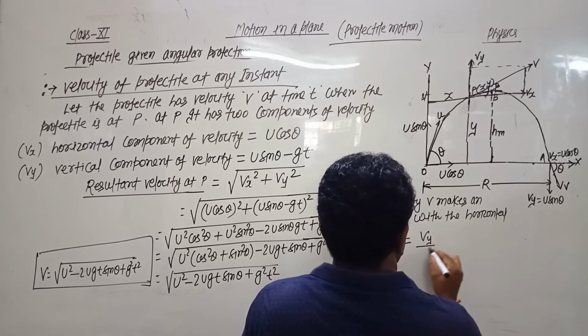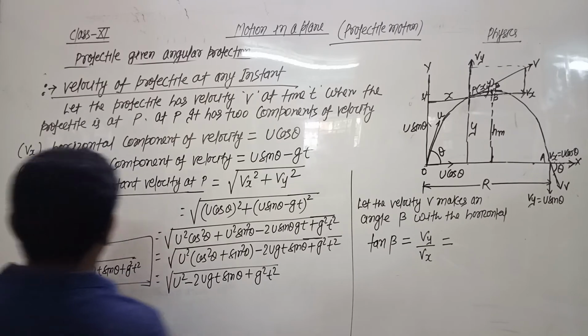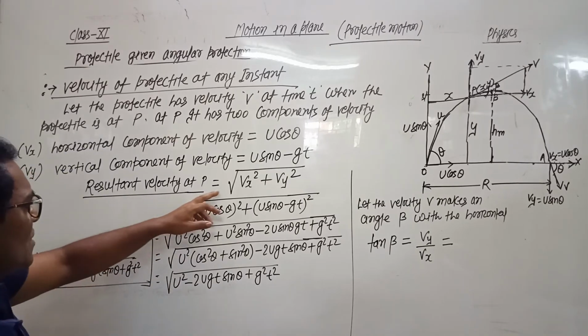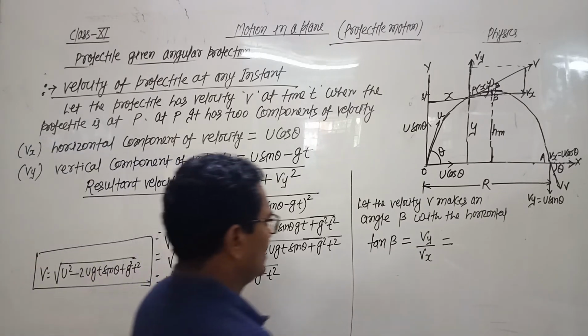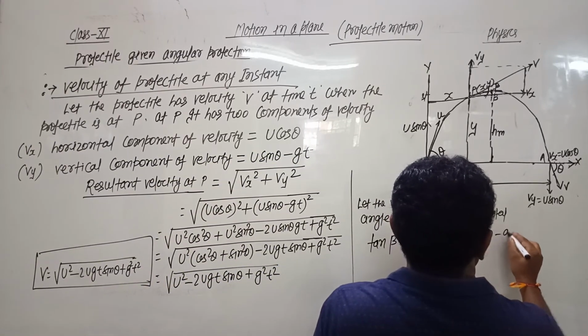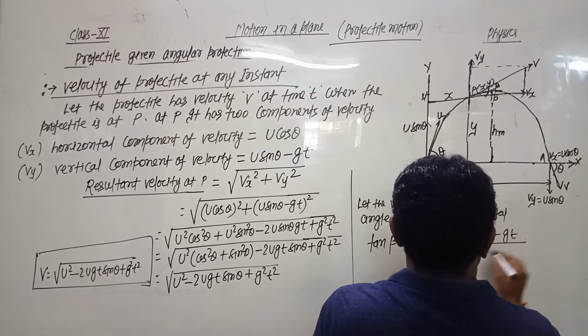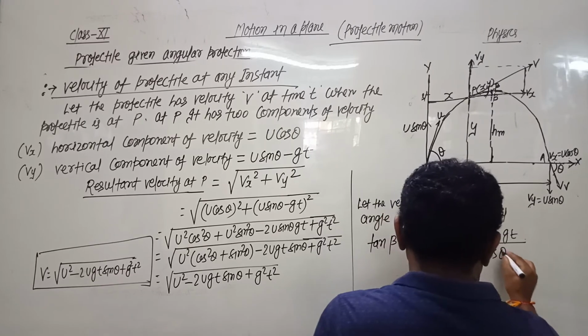The vertical component of velocity is u sin theta minus gt, and the horizontal component is u cos theta.